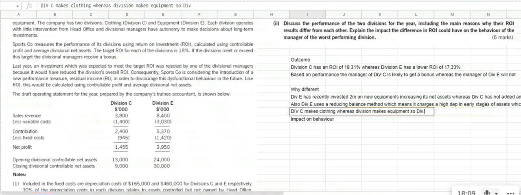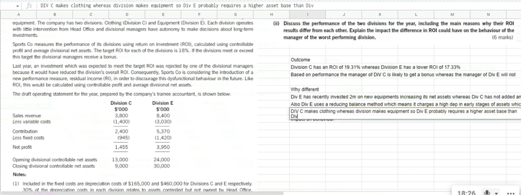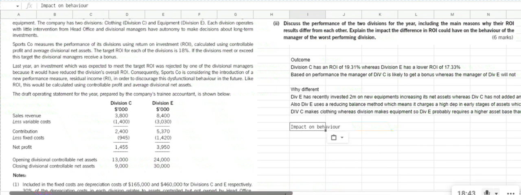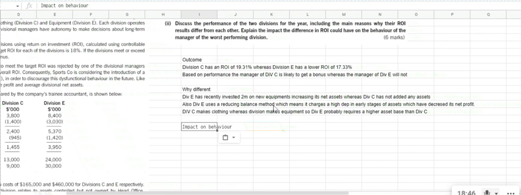So division E probably requires a higher asset base than division C. These are basically some of the reasons that we have identified as to why their ROIs might be different.